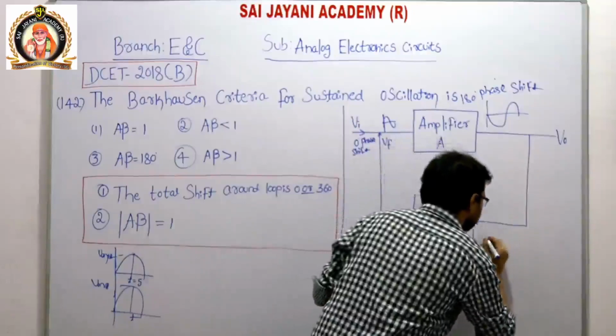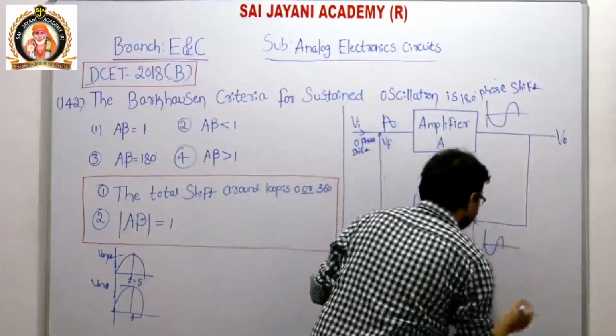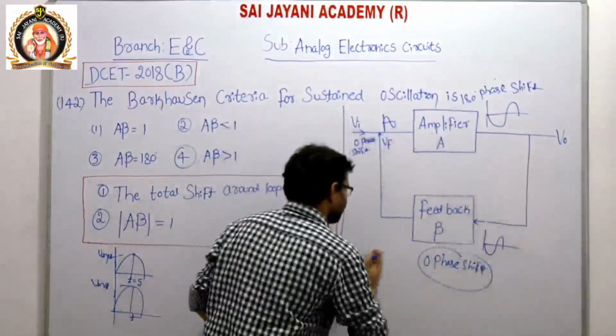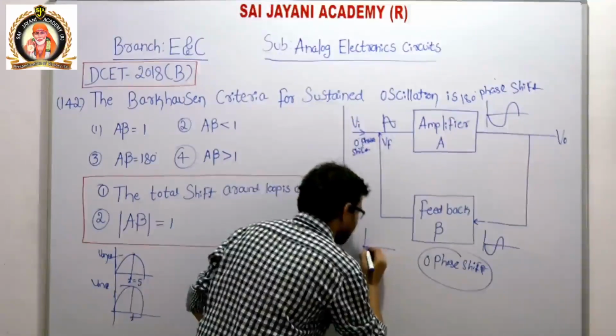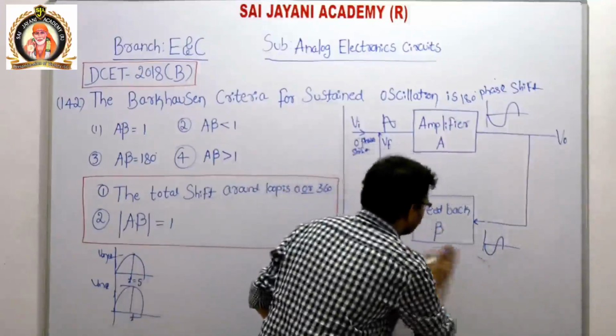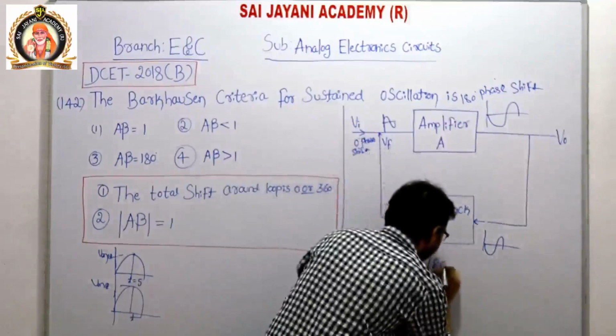That is, the inverted signal is fed back to the feedback circuit, and you get an inverted signal again, a 180 degree phase shift after the feedback circuit.